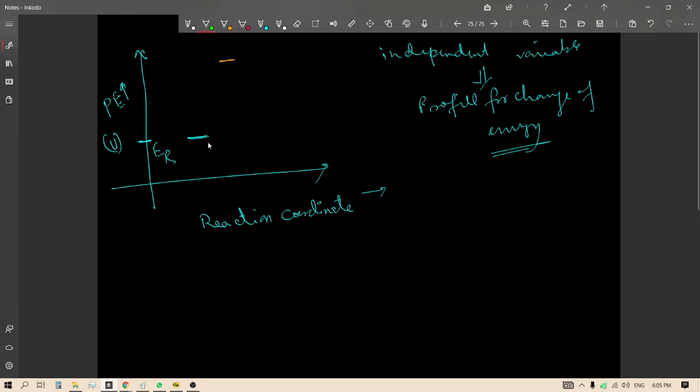The total amount of energy needed by the reactants to achieve this position, this entire amount of energy, is called the activation energy.